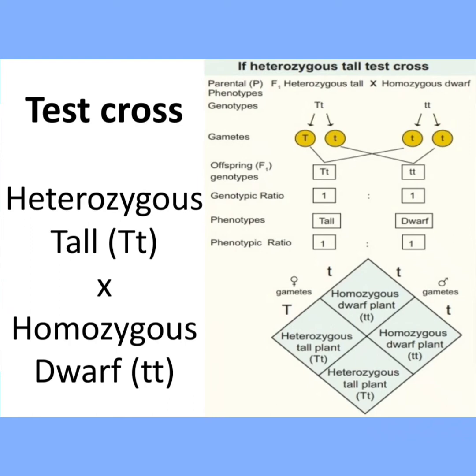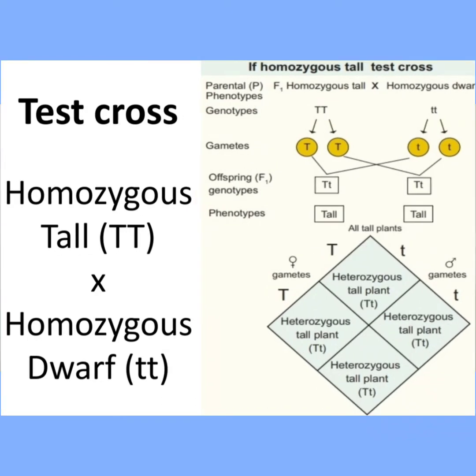Heterozygous tall is represented by the genotype capital T small t, and the homozygous dwarf is represented by small t small t. Now let us go to another test cross, where a homozygous tall is taken and crossed with a homozygous dwarf. The generation obtained is capital T small t, and the homozygous tall is crossed with this heterozygous dwarf.